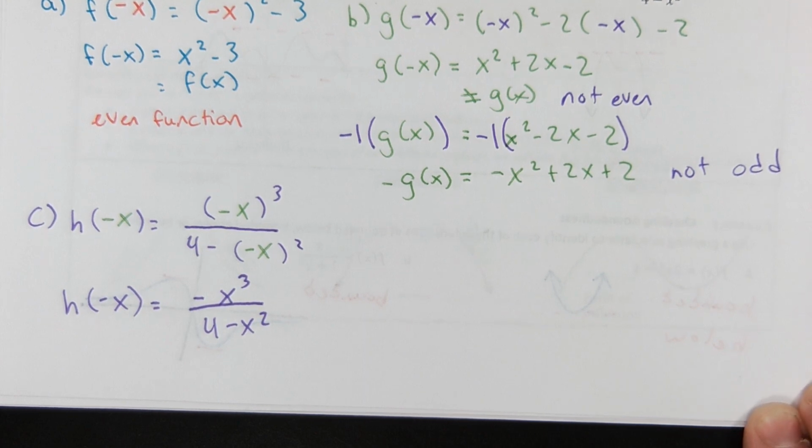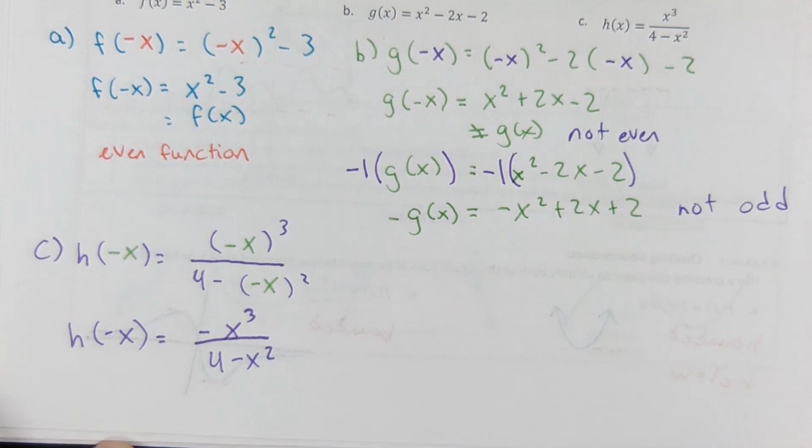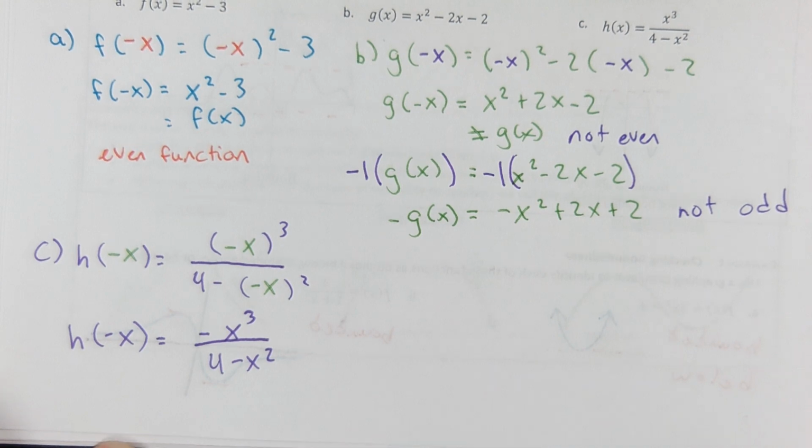And the people who are thinking neither are like, but wait a minute, I didn't change the sign in front of everything that was there. And that is why I was very careful about what I said to Paul when he asked if it's odd, all the signs change. I specifically said, when it's odd, it'll look like you multiplied the function by -1.